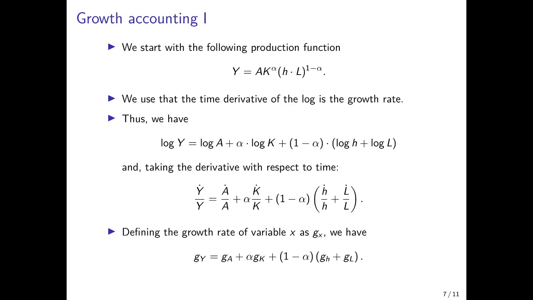Now we formalize this idea. And to do this, we start with the standard production function framework that we usually use throughout this course, where we have output, and output is produced with physical capital with an output elasticity of alpha, and human capital with an output elasticity of 1 minus alpha, where human capital is the product of individual human capital or average human capital with the number of workers that are employed in the economy.